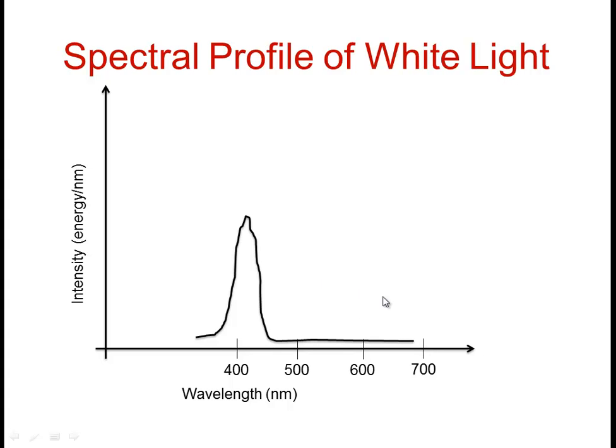My question for you is, what color do you think that light would have been if we have a nice peak around 400 nanometers? Well, hopefully you're getting familiar with your spectrum, and you should have guessed violet.